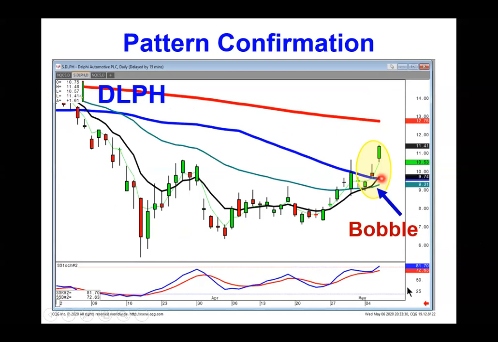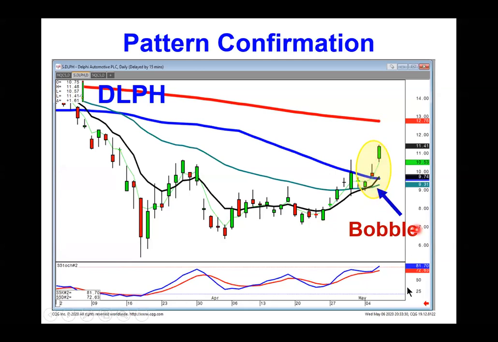I can see what patterns are going to produce extremely high probability results, mainly because human nature works the same way time after time. I know that even though I'm up here in the overbought area, I could be buying on this day, or I could be buying on this day, because I know what the result of this is. It's actually a J-hook pattern, which is a strong price move, a pullback, and then the next strong price move.